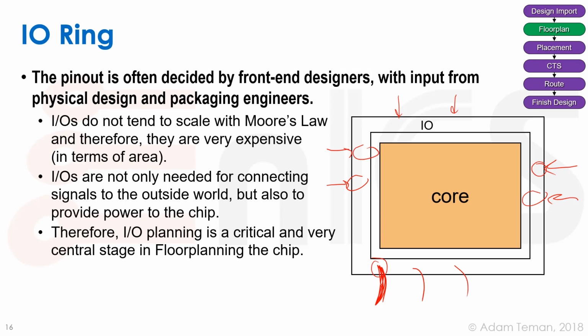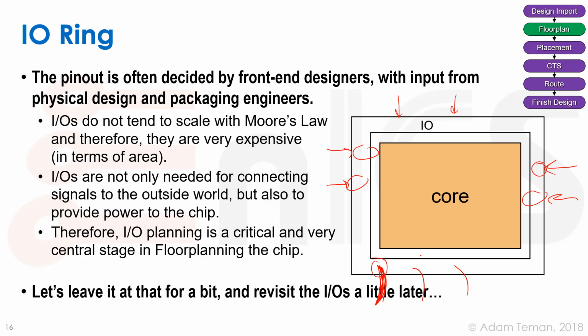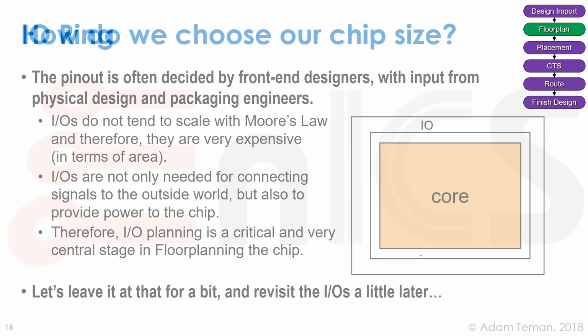They have high inductance, and we have to make sure that they're also driven into and out of the chip in a very fine fashion, as we'll learn later. So we use these pins for connecting data signals that go into and out of the chip, but it's also for providing power to the chip. So it's a very critical and very central stage in floor planning the chip. We'll leave it for a bit and revisit the I/Os a bit later.